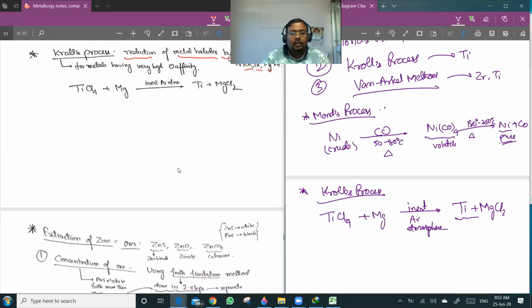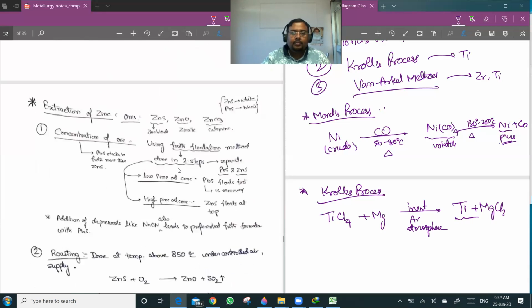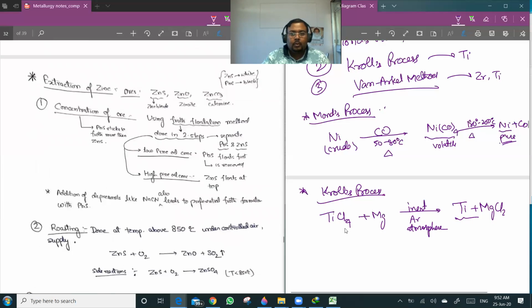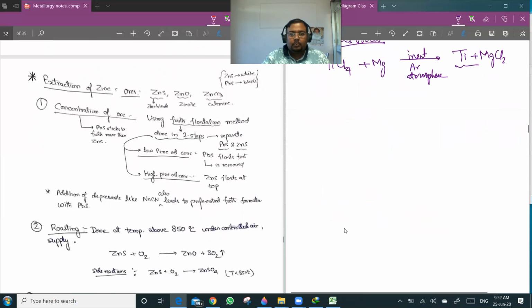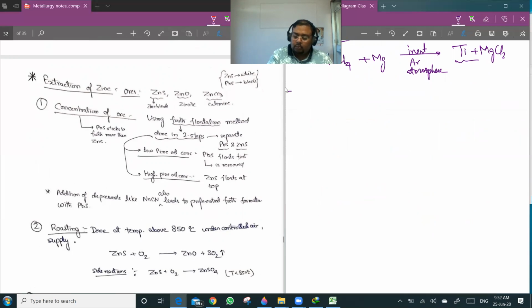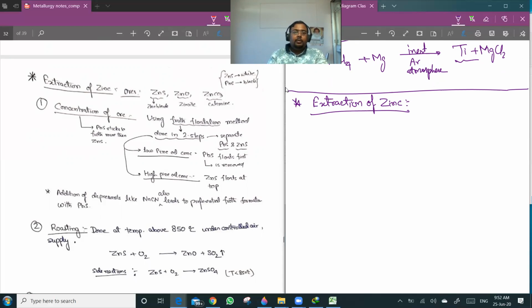Next is the extraction of zinc from its source.